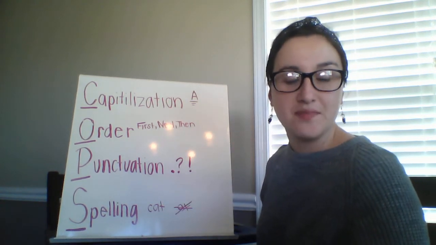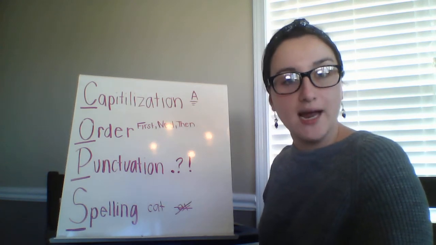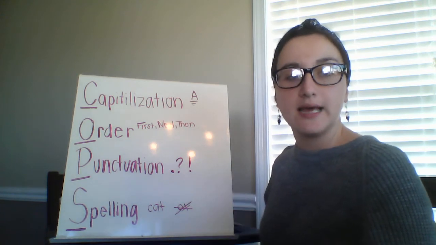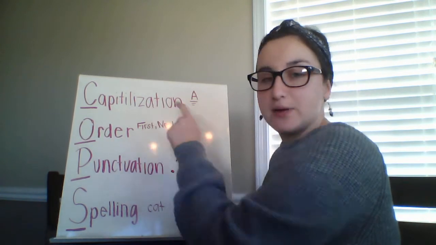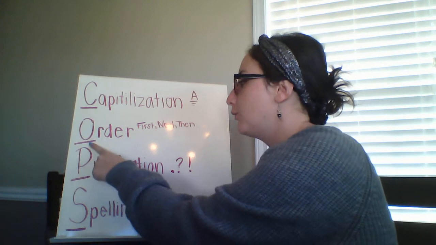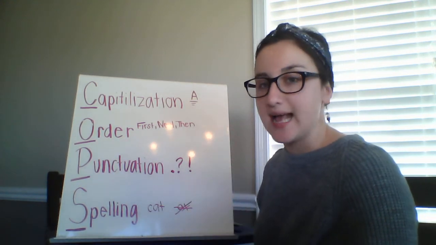To review, COPS is an additional strategy you can use to help you revise and edit your writing to make it stronger in preparation for the final draft. You would first look at your capitalization. Do you have capital letters in your writing? You would then look at the order. Does the order of my writing make sense?